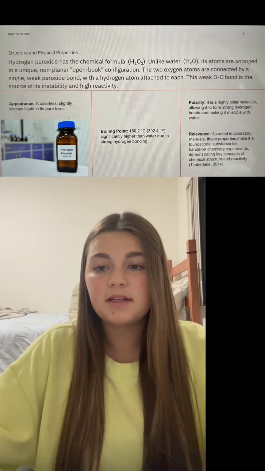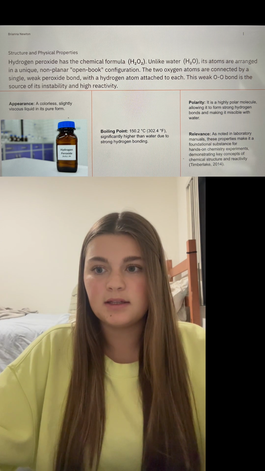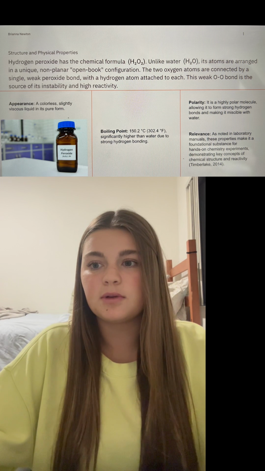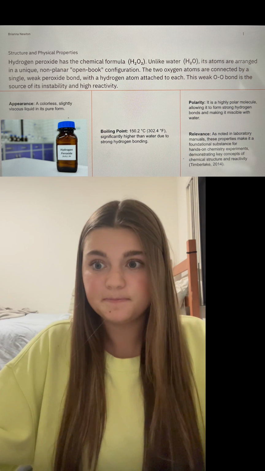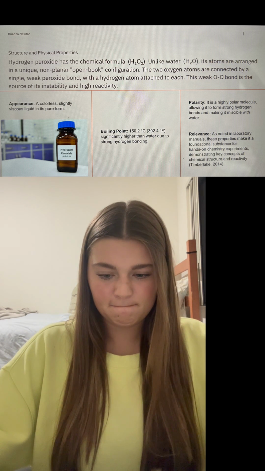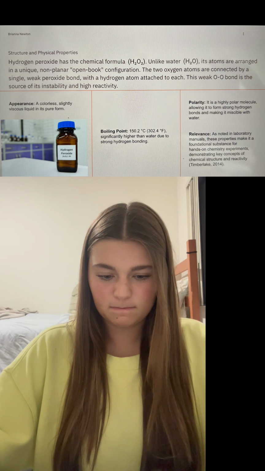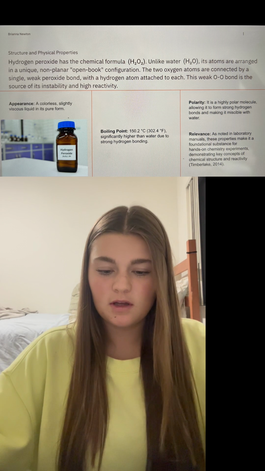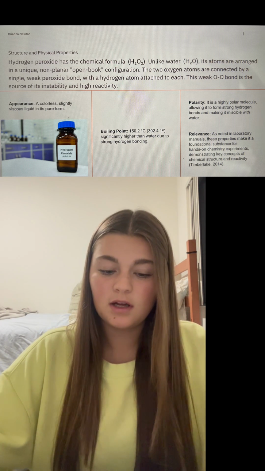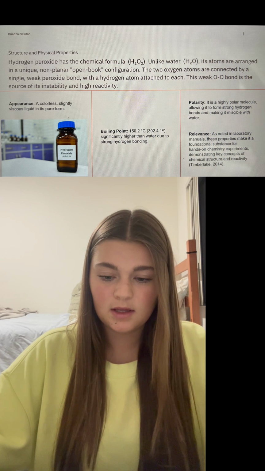The boiling point of hydrogen peroxide is 150.2 degrees Celsius and 302.4 degrees Fahrenheit. Hydrogen peroxide can mix with water, unlike oils. And on to the next slide.